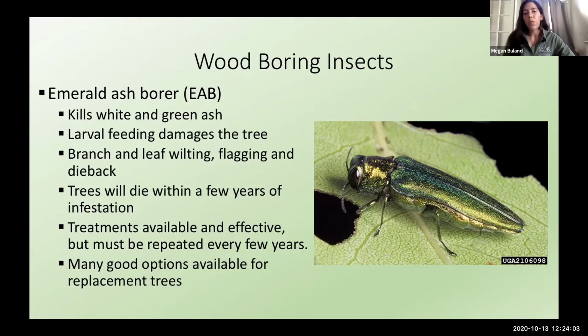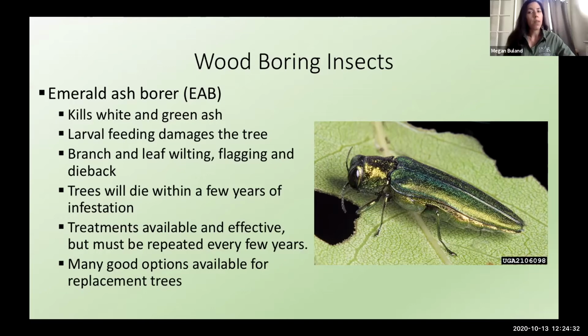And that damage from larval feeding leads to branch and leaf wilting and dieback, and with very few exceptions, most trees, especially landscape ash trees, are going to die within a few years of infestation with emerald ash borer. And EAB has wiped out a large expanse of our ash population throughout the eastern US, just because it is so effective, unfortunately, at killing these trees.